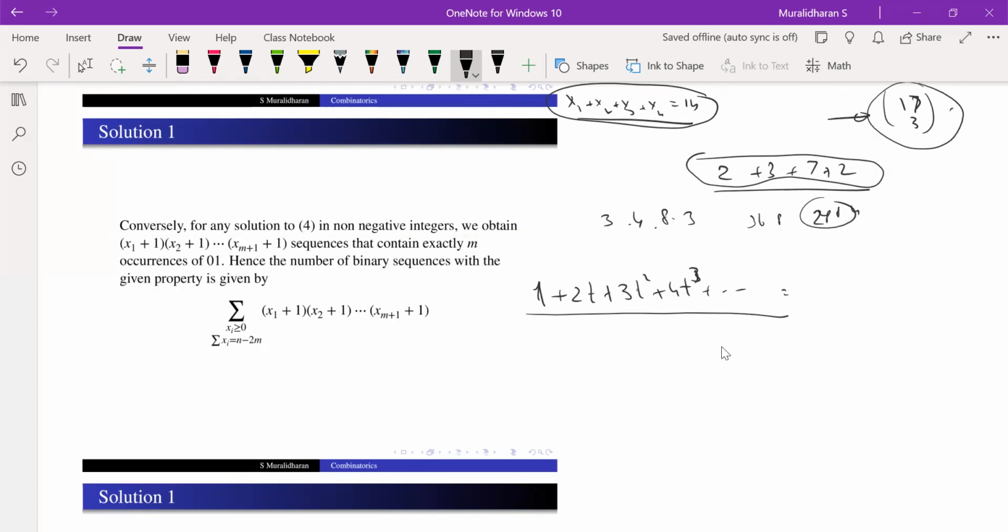This is the same as (1 minus t) to the power minus 2. So if I write 1 plus 2t plus 3t squared, and so on, up to whatever, the whole thing to the power 4.